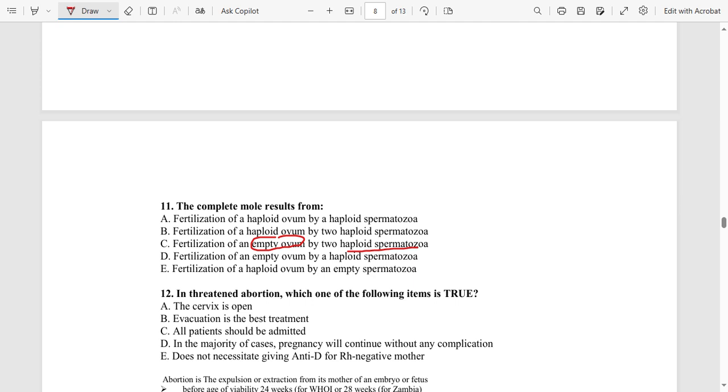So our best option is going to be option C, the fertilization of an empty egg by two sperms. So what happens in a complete mole is that when you have one sperm, it is going to duplicate, as the doc has said, or you can have two different sperms.